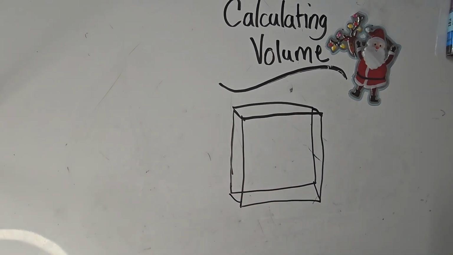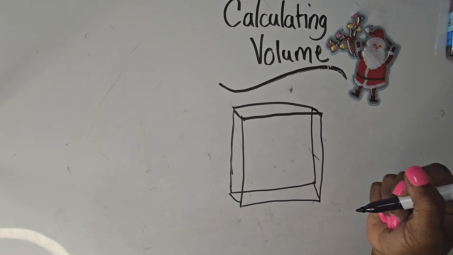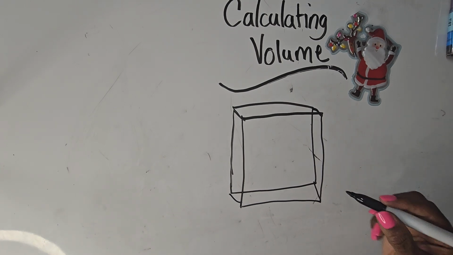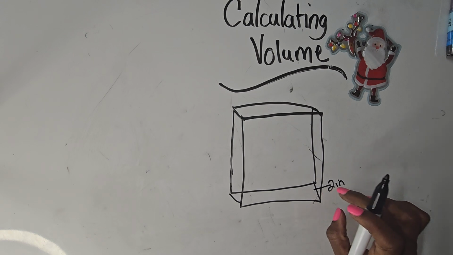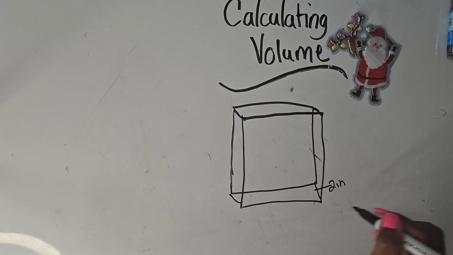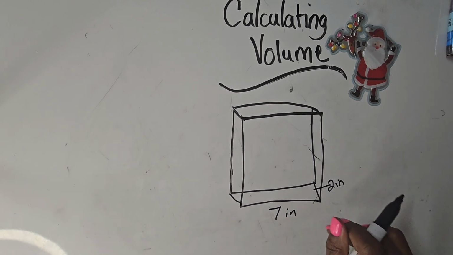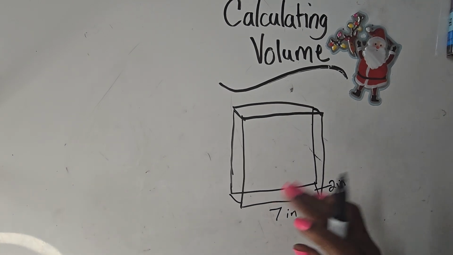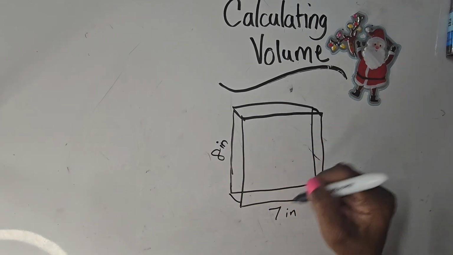It's a little bit taller than it is wide. All right, so for wide, we'll say it's only 2 inches. It's tiny for wide. For long, I'm going to say 7 inches because that's a little long. And then it's super tall. I'll give it an extra inch, 8 inches.